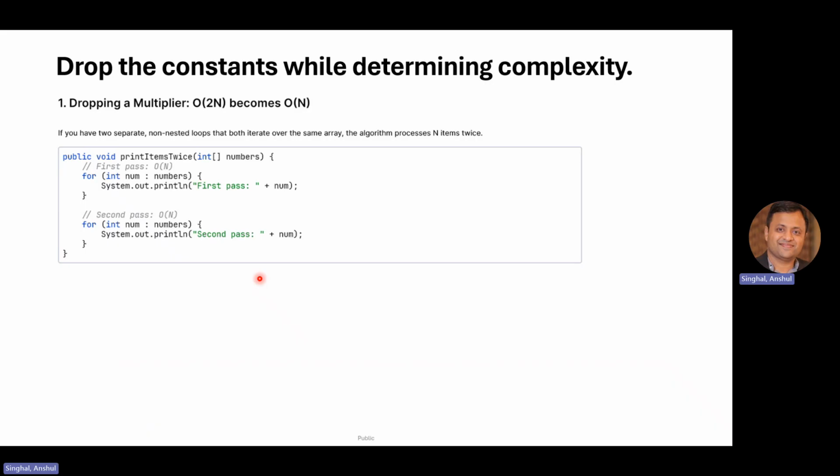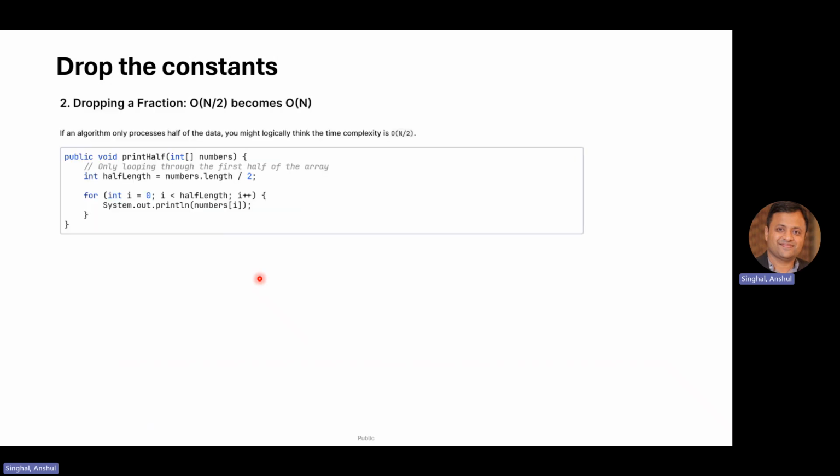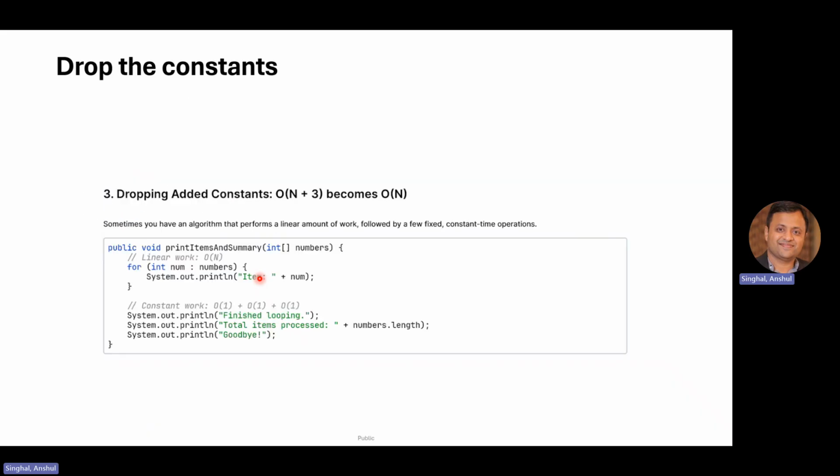So if at some place you see the actual complexity technically is coming as order of 2n, then we can just say order of n. Likewise, if it's order of n by 2, then it's order of n. Likewise, if it's order of n plus 3, then it's order of n, right? So we can drop the constants.